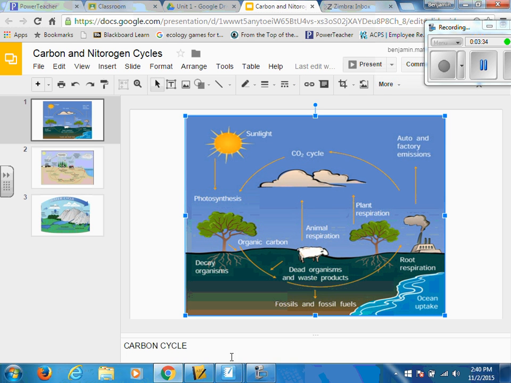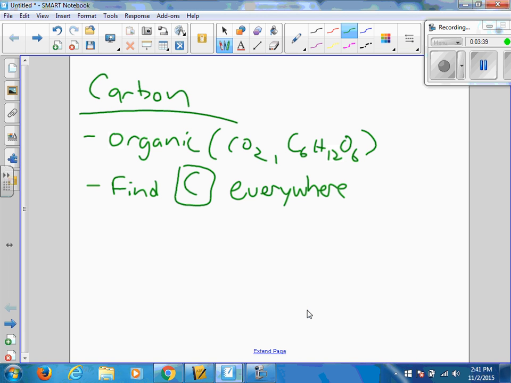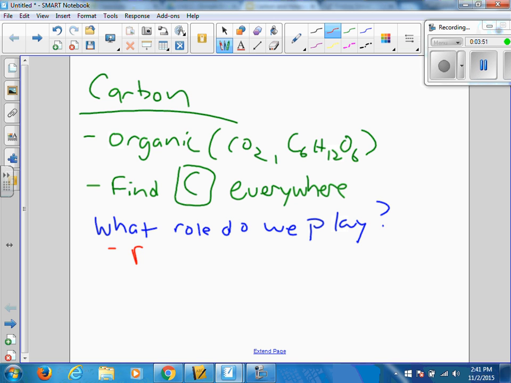So let's go back to our smartboard over here, and we ask these two questions. What role do we play in the carbon cycle? And the answer is respiration. We breathe out carbon dioxide.